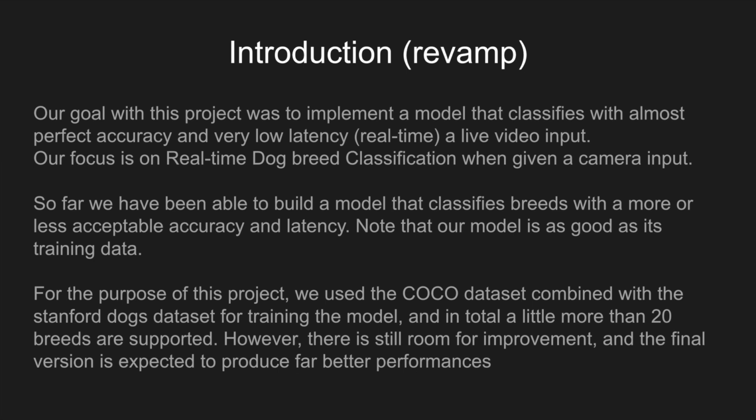Please note that our model is only as good as its training data. For the purpose of the project, we used the COCO dataset combined with the Stanford dogs dataset for training the model, and in total a little more than 20 breeds are supported. However, there is still room for improvement, and the final version is expected to produce far better performance.